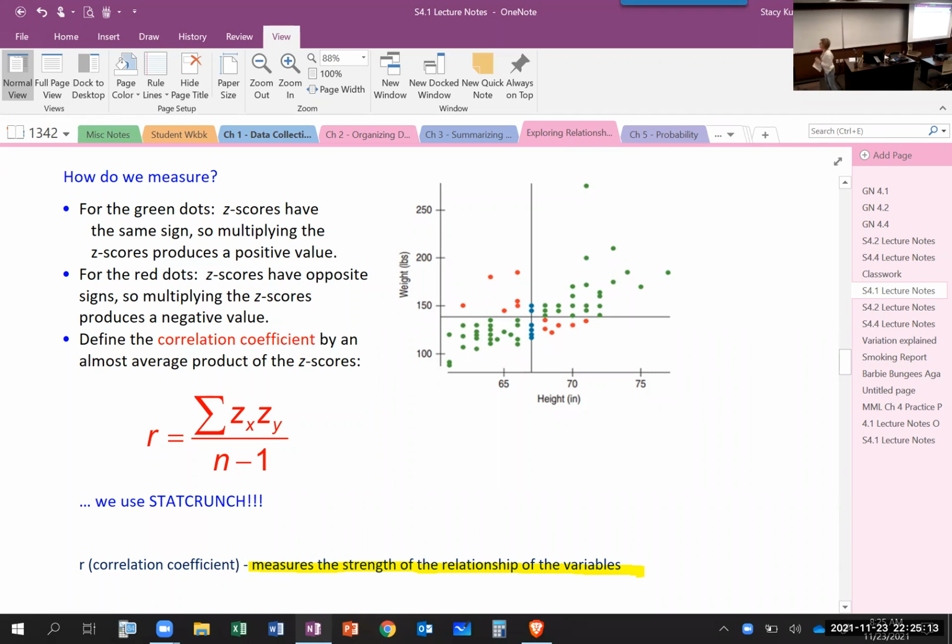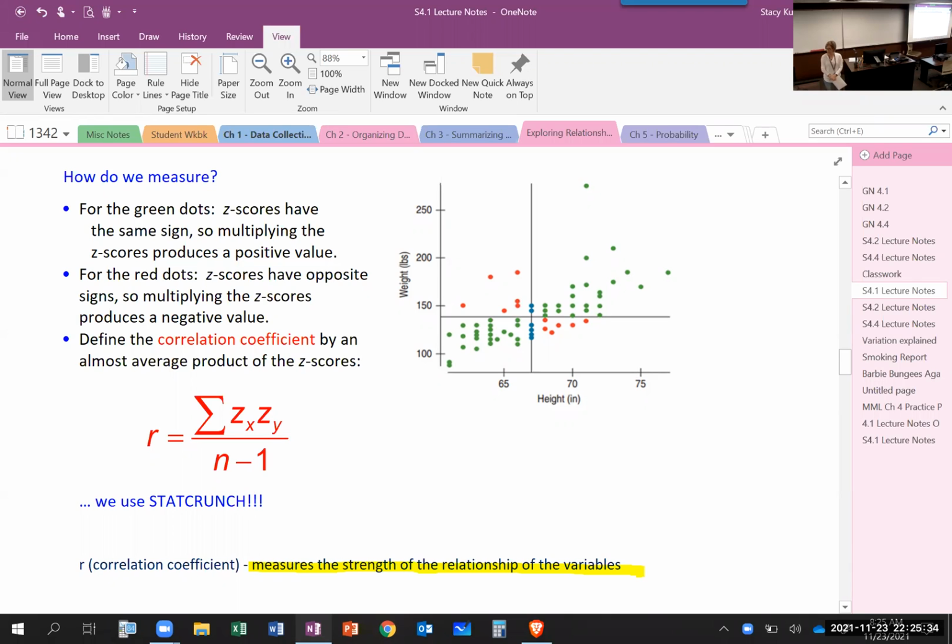What do we know about z-scores though? Are z-scores resistant to outliers? No. Z-scores are not resistant to outliers. They're easily influenced by outliers.